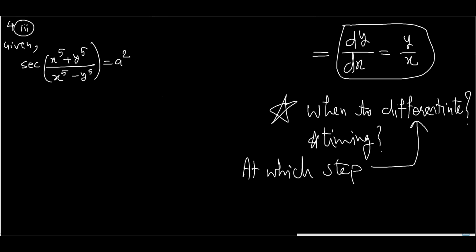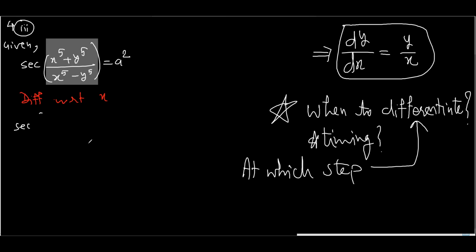Differentiation is a must. Without the derivative, you will not get dy by dx. But when should I differentiate? Should I differentiate immediately? Let's just check. Suppose I differentiate with respect to x at this stage only. You have sec f of x, and d by dx of sec f of x is sec f of x tan f of x into d by dx of f of x.